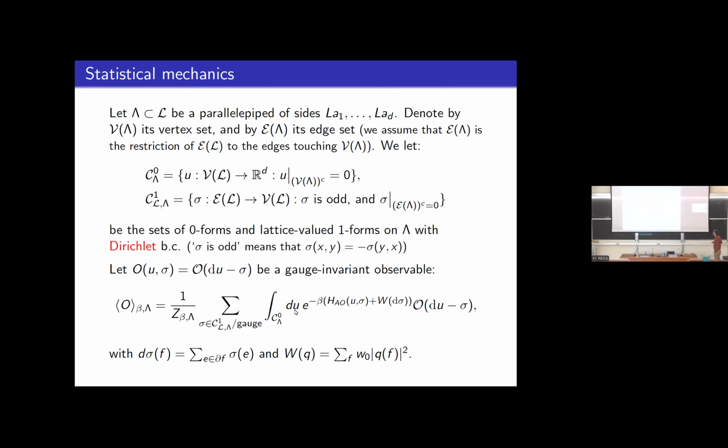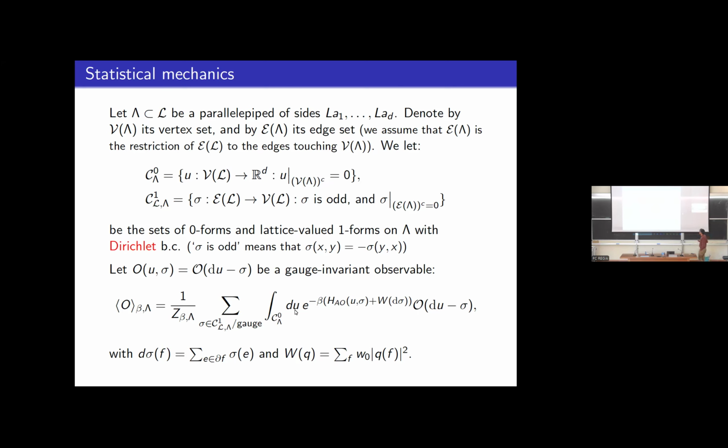This is the way in which averages with respect to the Gibbs distribution are defined. So it's 1 over the partition function of the sum over gauge equivalent slip configurations of the integral over the displacement field of e to the minus beta this Arisa-Ortiz energy plus this function which gives a finite energy cost to every dislocation core.